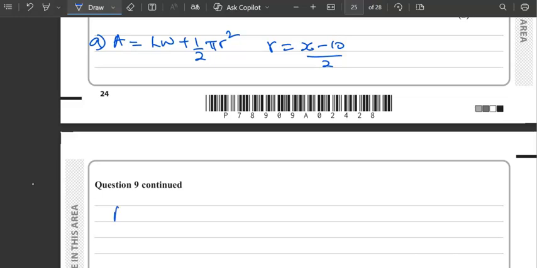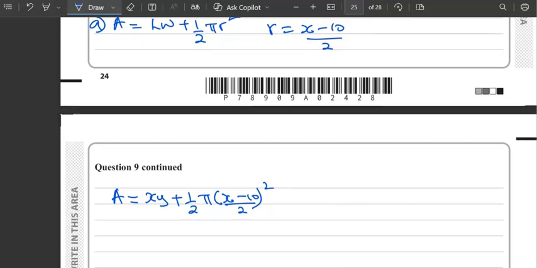So this means that the area will be equivalent to xy plus a half pi into (x minus 10 everything over 2), then we square this.